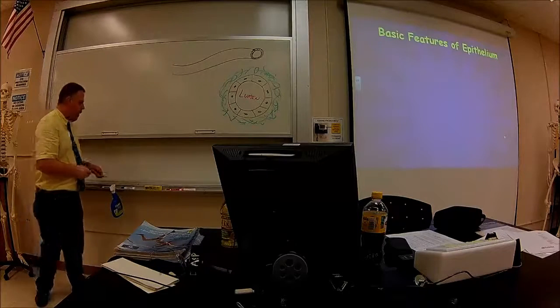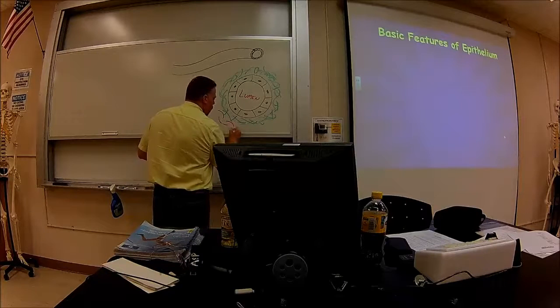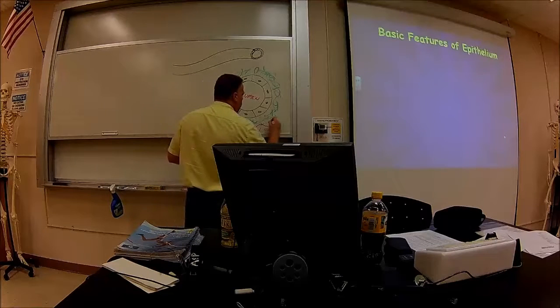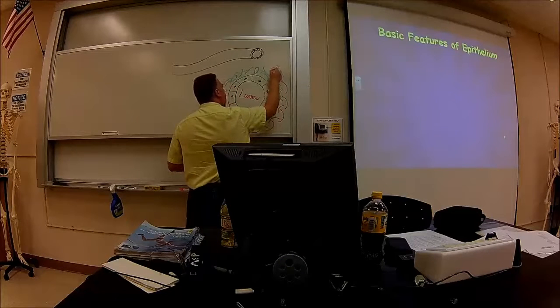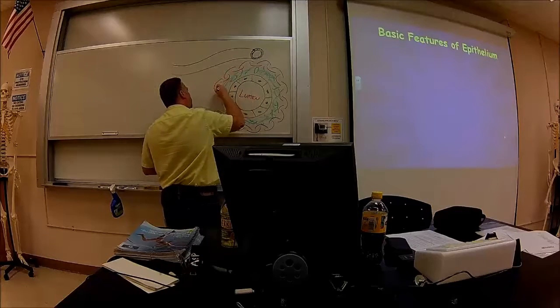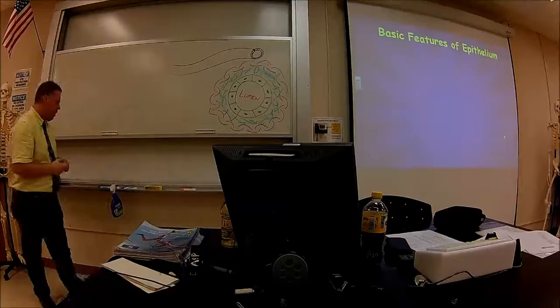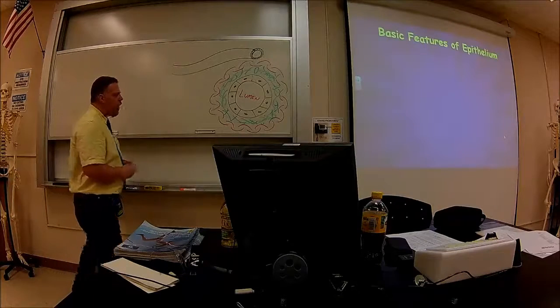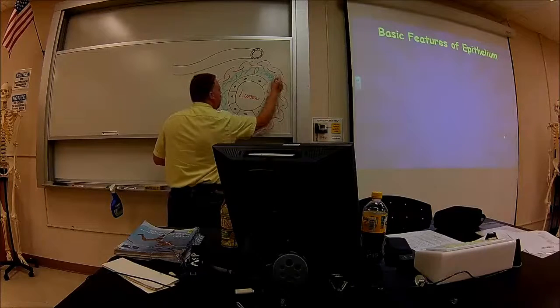Around that, you're going to have muscle. Scattered all throughout that area is your nervous tissue.